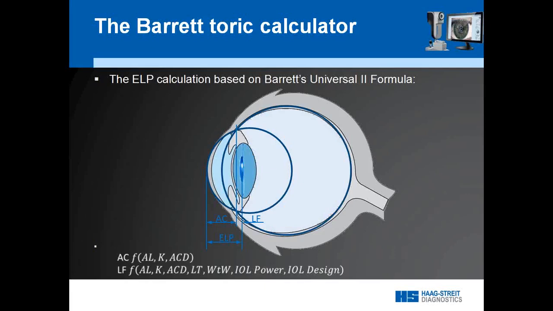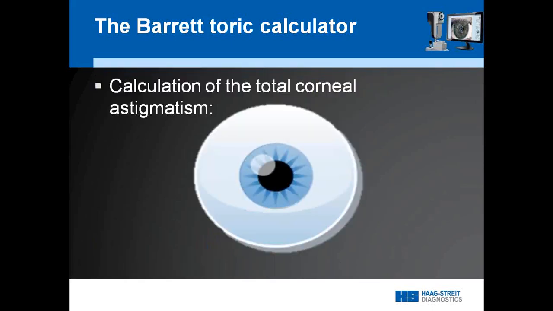This information is now used in toric calculations to first calculate the diameter of the ciliary body horizontally, or if you have a regular astigmatism in the horizontal plane, and if you have a normal with the rule, the vertical as well. If you have an oblique astigmatism, it will calculate in the two major axes of the astigmatism.